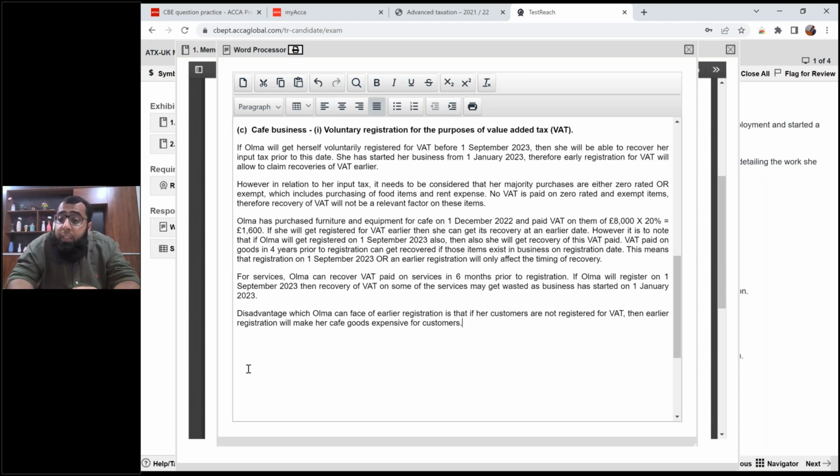Okay. Disadvantage which Alma can face of earlier registration is that if her customers are not registered for VAT, then earlier registration will make her goods expensive for customers.